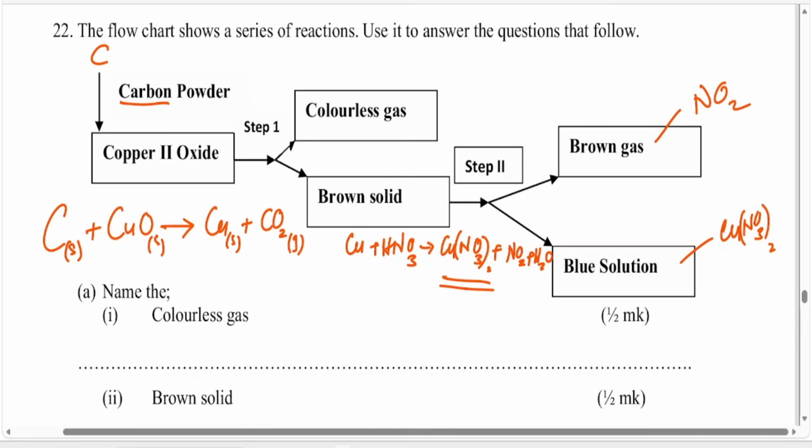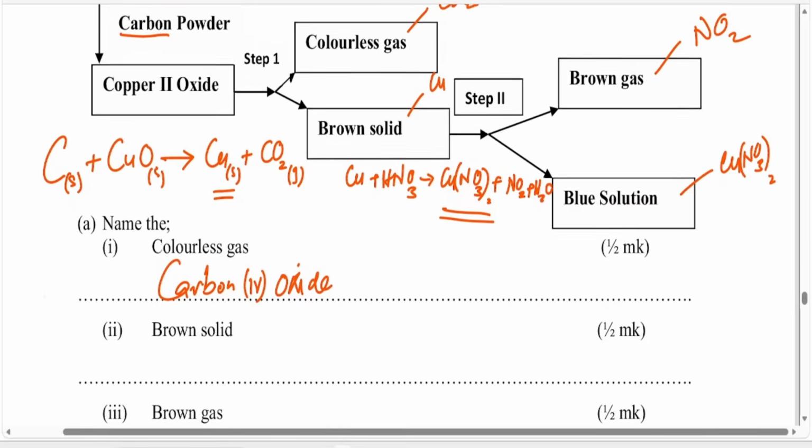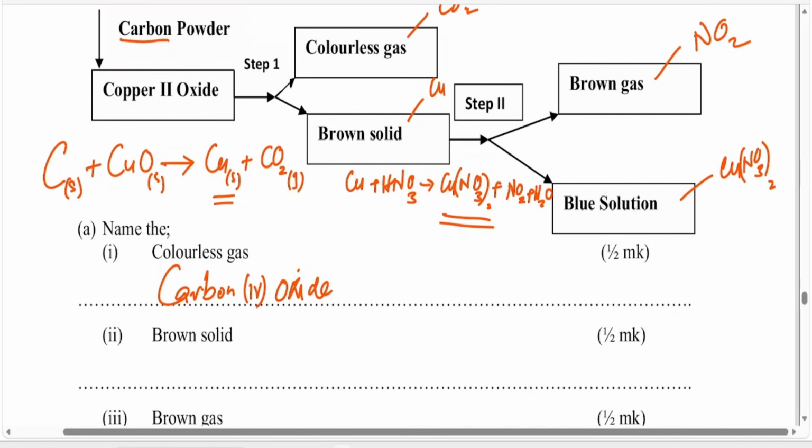So starting with the questions, we name the colorless gas. The colorless gas at this point, as I said before, is carbon dioxide, and the brown solid here is copper. Copper metal is a brown solid. So the colorless gas is carbon dioxide, and the brown gas is nitrogen 4 oxide.